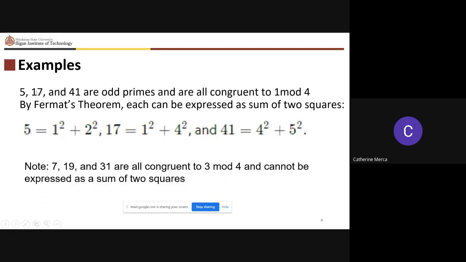Divide 17 by 4, you get 4. 4 times 4 is 16, with a remainder of 1. So 17 is equal to 1 squared plus 4 squared. Similarly, 41. 41 divided by 4 has a remainder of 1. That is 4 times 10 plus 1. So that's why 41 equals 4 squared plus 5 squared, which can be expressed as x squared plus y squared.